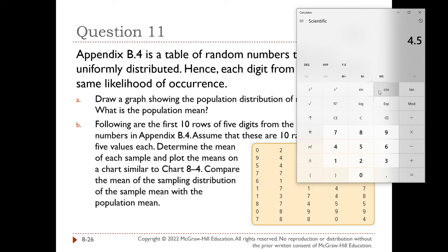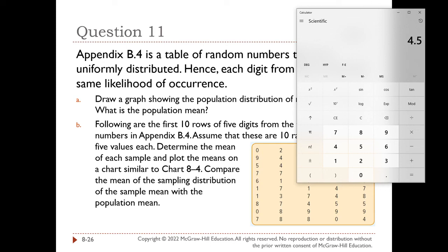Compare the mean of the sampling distribution of the sample mean with the population mean. Alright, so with this, basically all they did was sum up each of these rows.